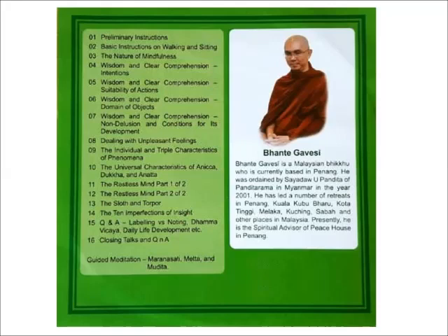Objects that are created by the mind are not the suitable objects for vipassana. So these two, we have to discern them out in order for the vipassana to take up the right objects.